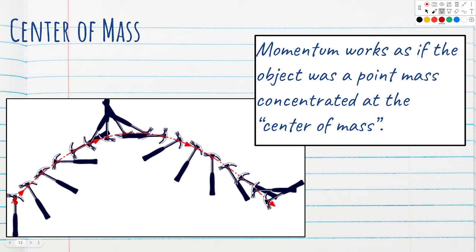You can see that if I draw a line connecting all those center of mass points, I get that perfectly symmetric curve that we're used to seeing with trajectories, two-dimensional kinematics. But that doesn't really account for the spin of the object. So we kind of mash everything down to a single point when we're thinking about these collisions.